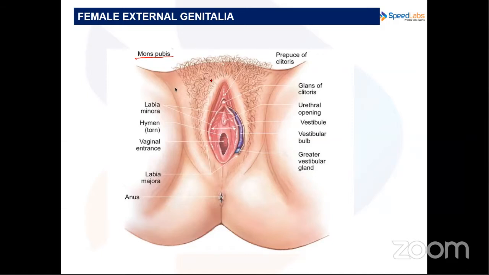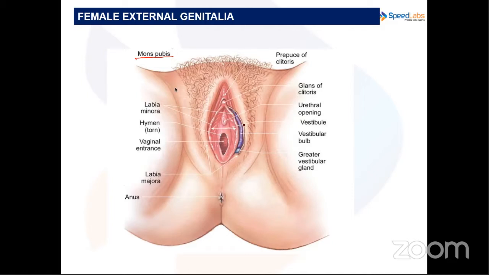Then you have two important structures. The larger fold called the labia majora that is present externally, and the inner fold, labia minora.